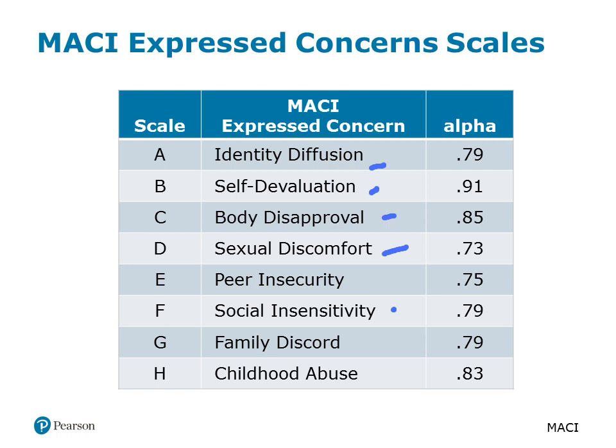Now, for each of these groupings of scales, you'll notice that there is an alpha coefficient that is used to report the internal consistency of the scales. And this would provide an indication of how well the items included on the scale represent the same underlying dimension. Certainly when we look at self-devaluation, the alpha coefficient is 0.91, and then a number of these are in the 80s and several are in the 70s.